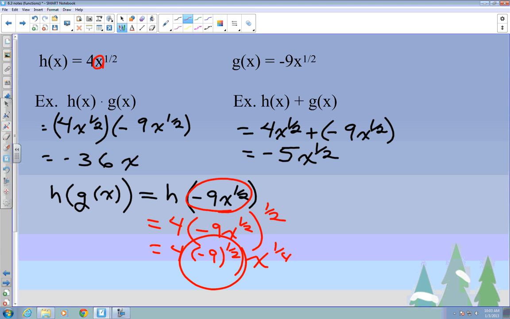Except that it's negative. Do I have a real root of negative 9? No. So this one's not defined. Not possible. Not defined. Okay.